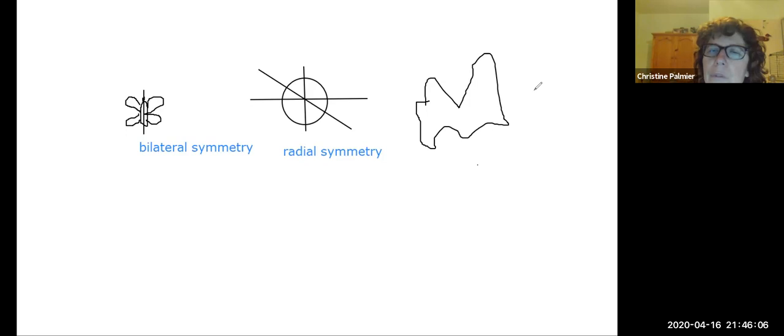If you did left to right, there's a big V-like shape, and then there's a semicircle here. Even if you did it diagonal, it would not be the same. So this would be asymmetrical, meaning there's no way to draw it so you have a mirror image. So this is asymmetrical or non-symmetrical. Okay, but we'll see some better pictures in a future lecture.